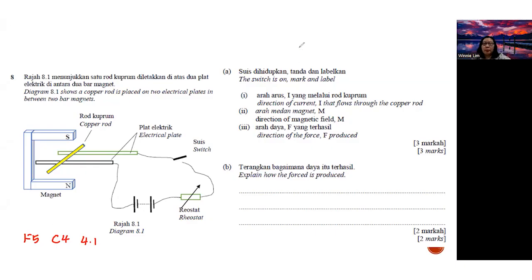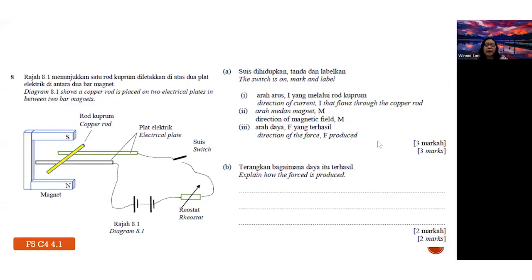So for the idea of the force on a current-carrying conductor in a magnetic field, the concept behind it is that the permanent magnet actually produces a magnetic field. I use blue color as the field direction, which acts upwards. At the same time, the rod also produces a magnetic field.